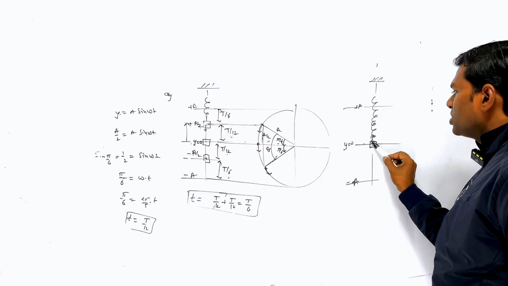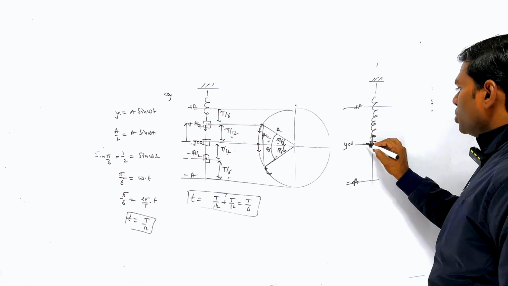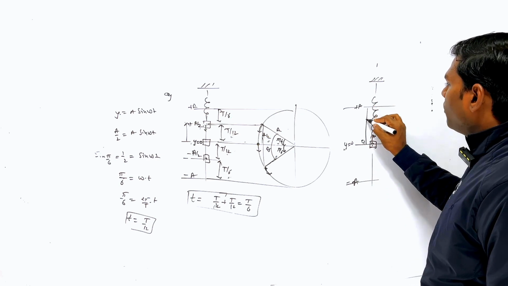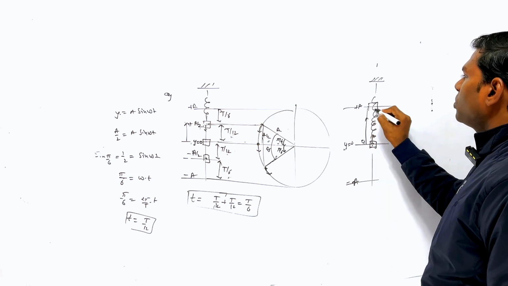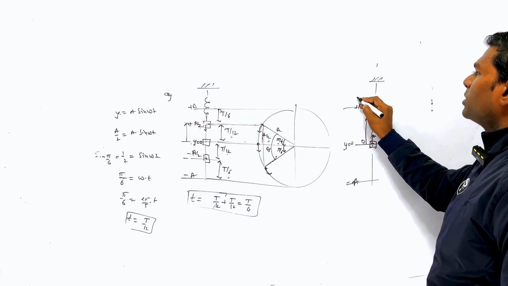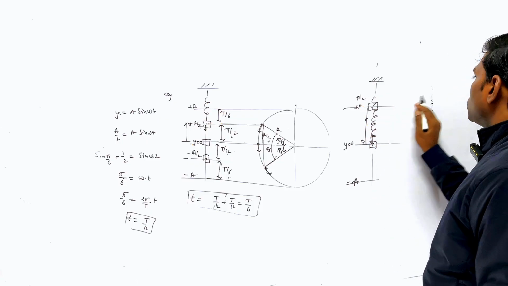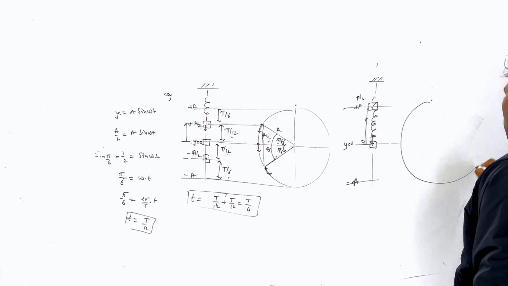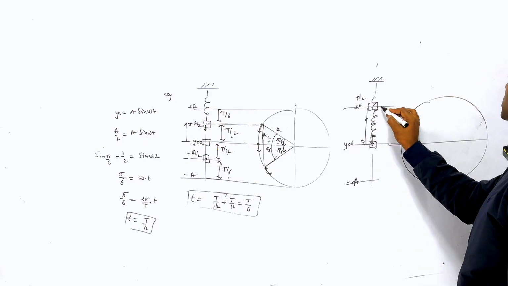So what is the initial phase over here? 0. Then if it covers one-quarter of an oscillation, what is the phase at this point? Pi by 2.